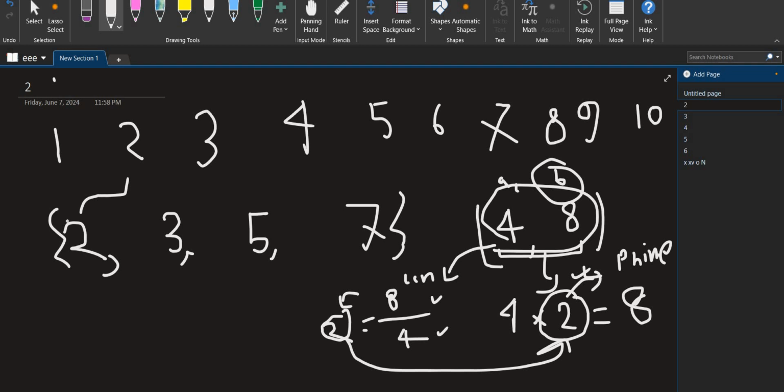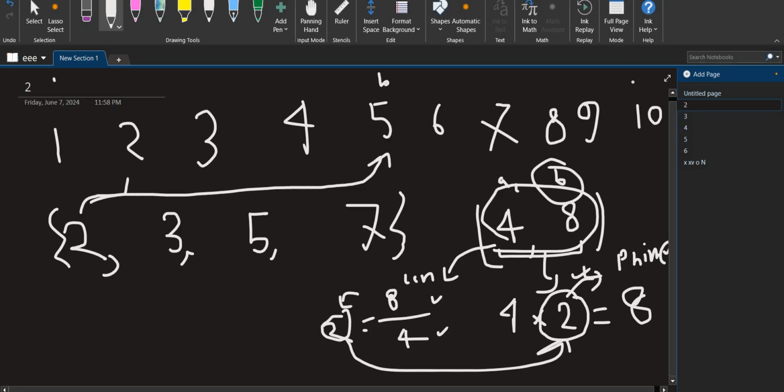What I mean is, let's take this 2. What do you think is the maximum value here? I think it's 5. 5 times 2 is 10, and if you do 6 times 2, it's 12, so it's crossing the value in this example.